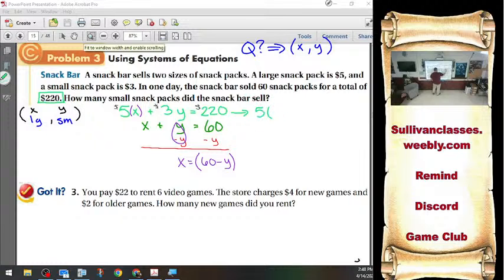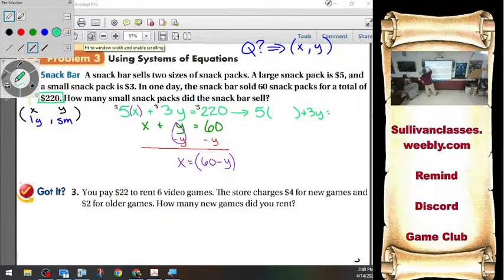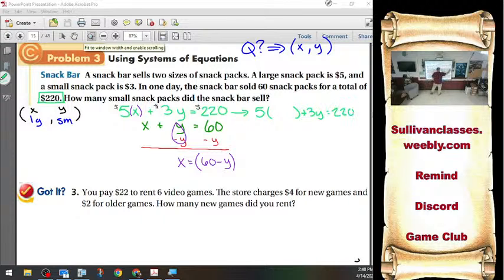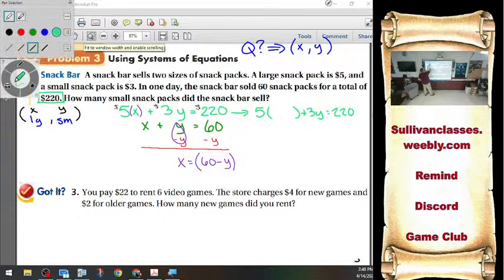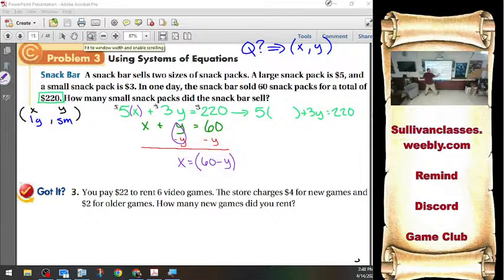So that's 5 times a thing plus 3y is 220. I just said x is this junk. I replace x with this junk: 60 minus y. Solve time.